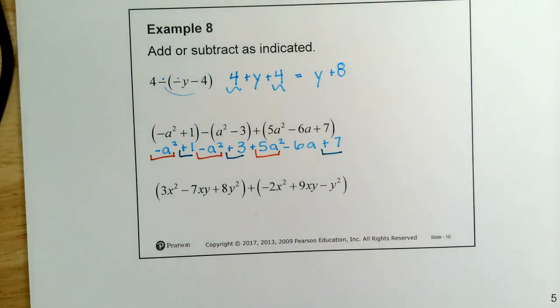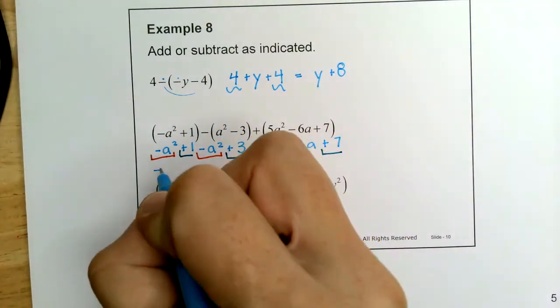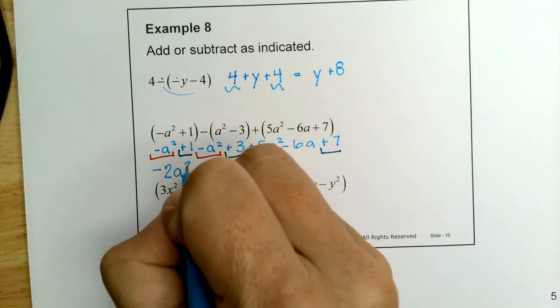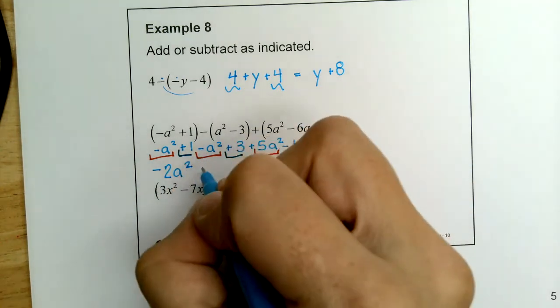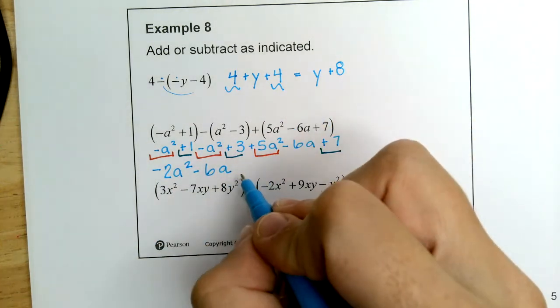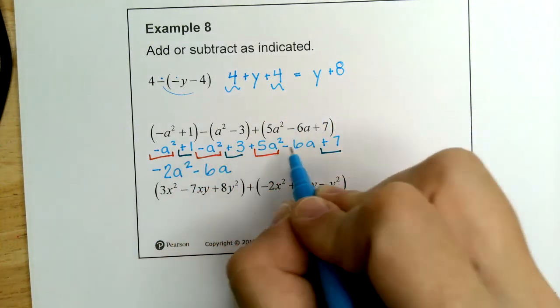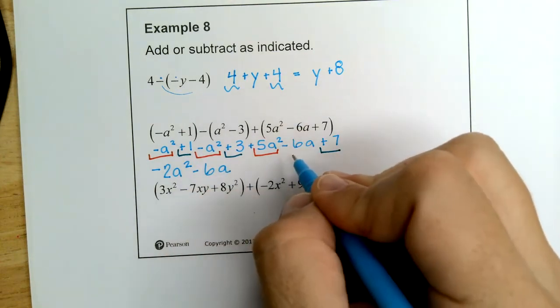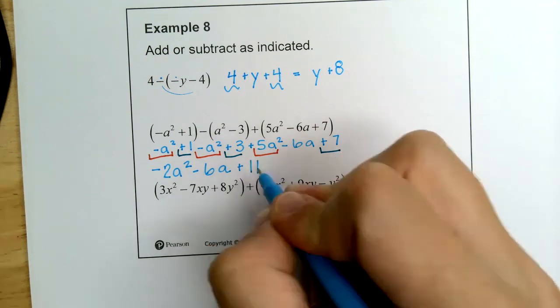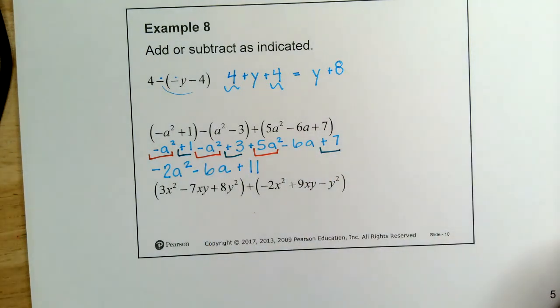All right. So we have -1 plus 1 is 2a squared, minus 6a. And then we have 1 and 3 and 7. 1 and 3 is 4. 4 plus 7 is 11. So I have negative 2a squared.